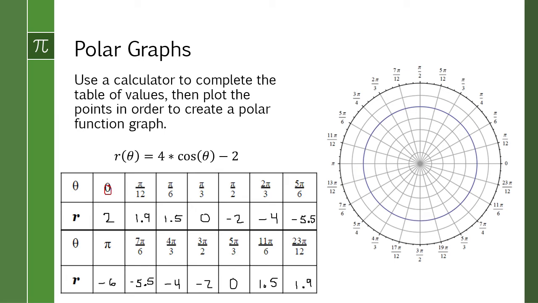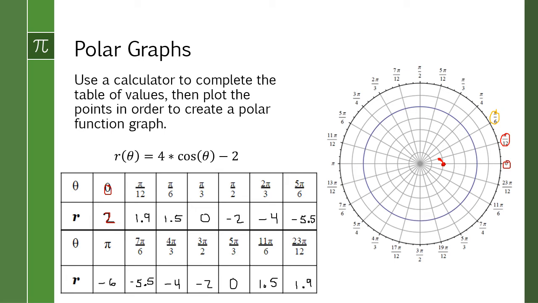So at an angle of 0, my radius is 2. So at an angle of 0, radius 1, 2. There's my first point. Next angle on the chart is pi over 12, and that is a radius of 1.9. So not quite to the 2, but very close there. Next I have pi over 6 and a radius of 1.5.